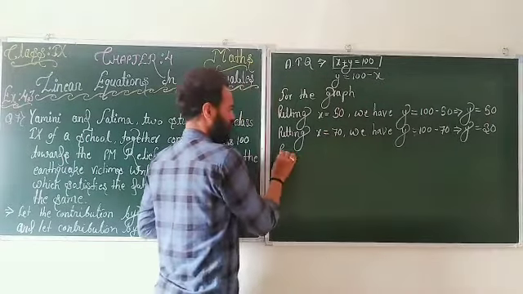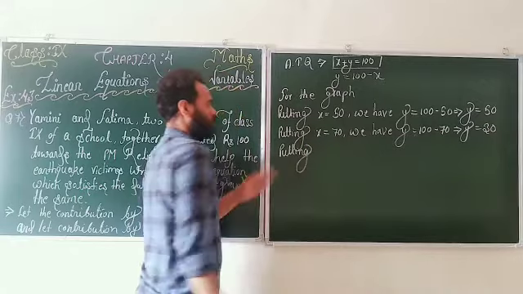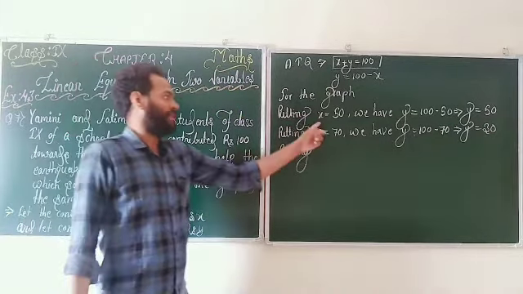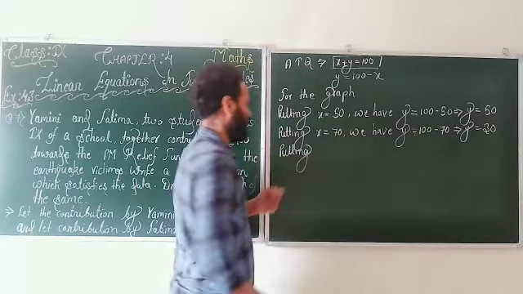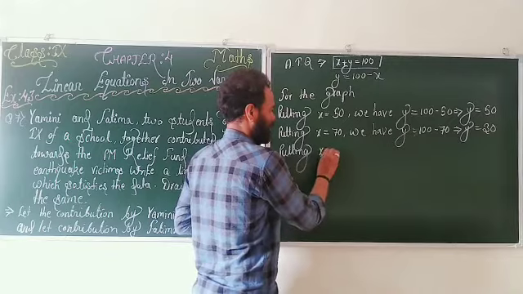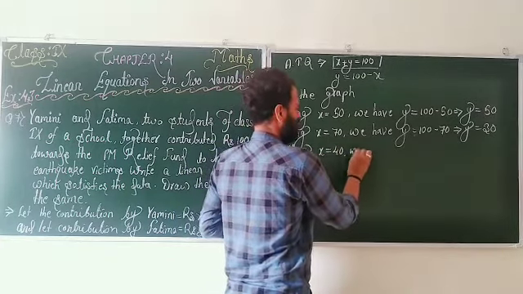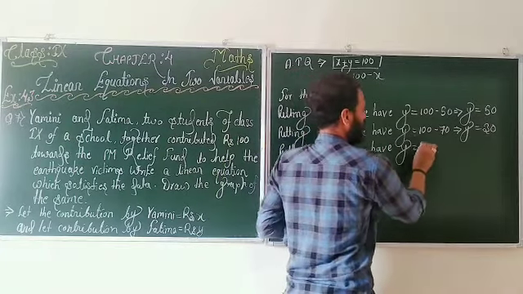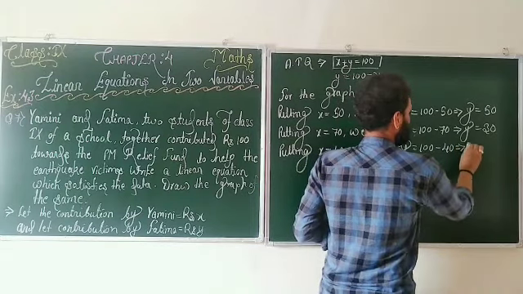Two points are sufficient to draw the graph because we know that a single line passes through 2 points. It's good if we find 3 points. If x is equal to 40, we get y is equal to 100 minus 40, that is 60.